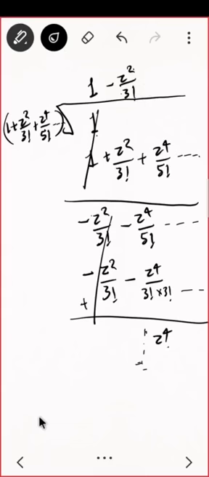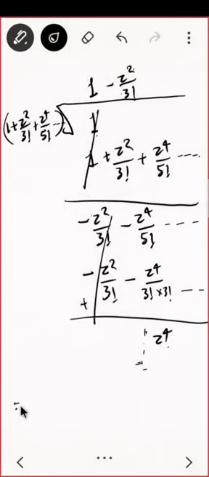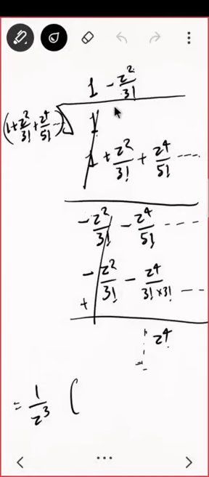So what I am going to write is this: 1 upon z cube is as it is, and 1 upon this part will be 1 minus z square upon 3 factorial and so on, whatever it may be.